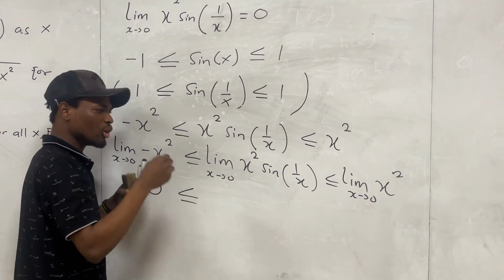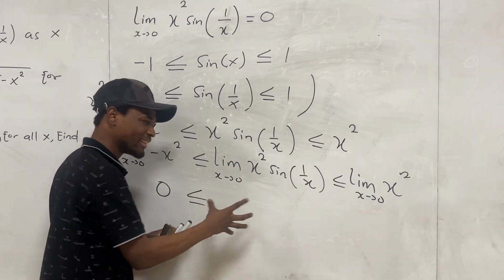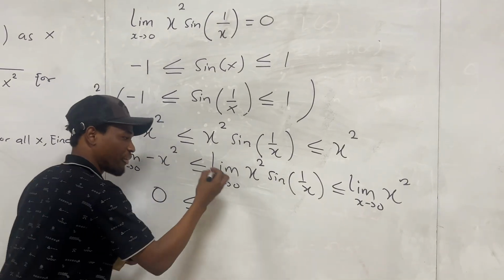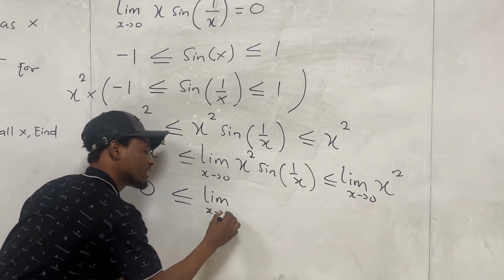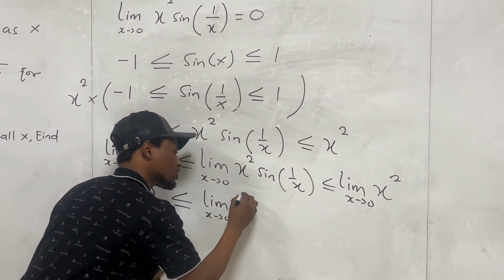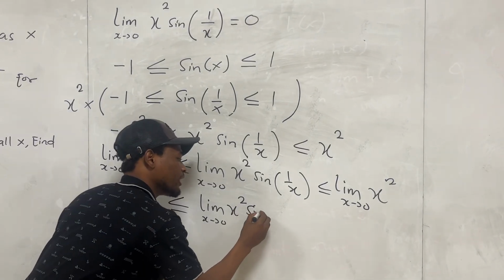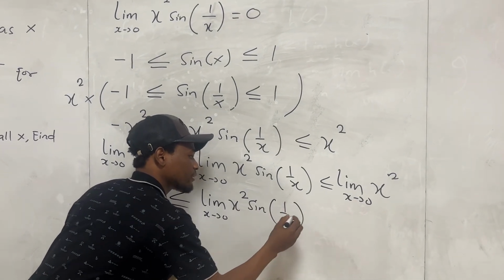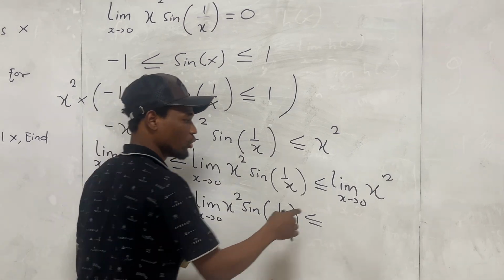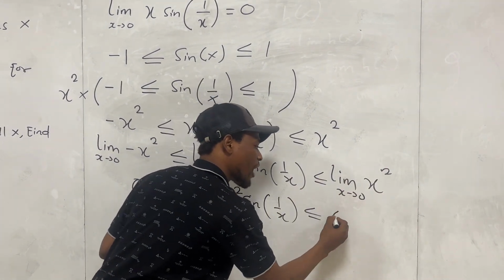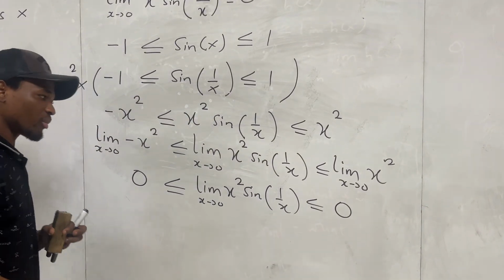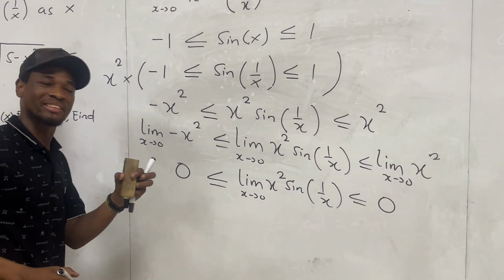So we are going to maintain the middle function. So we have the limit as x approaches 0 of x squared sine 1 over x less than or equal to, and when you put x equal to 0 into this, we are having 0. Now, what is the squeeze theorem saying?